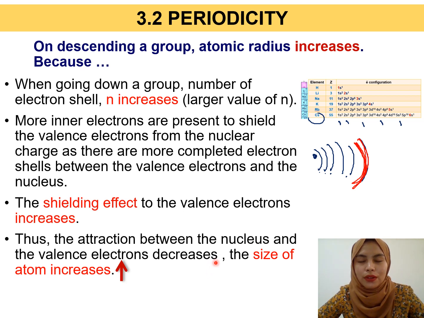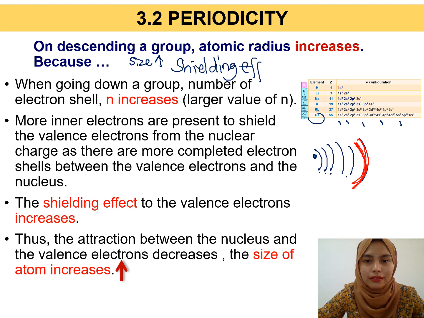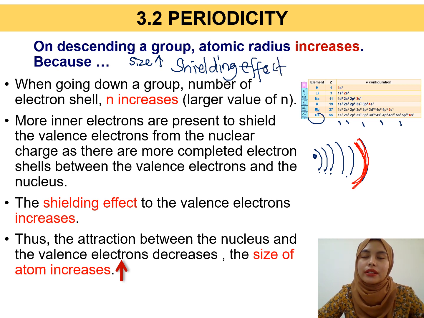Okay. So when the size of the atom is big, what is the factor that plays a role? The factor that affects the big size is what we call the shielding effect. Okay. If the size is small, we use the point Z. If the size is big, we use the point shielding effect.